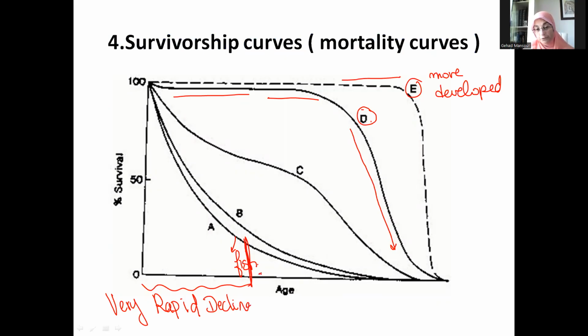And then afterward, those who survive will have a lower death rate, but for the survivors only. Those that succeed in survival will have a lower death rate afterward.